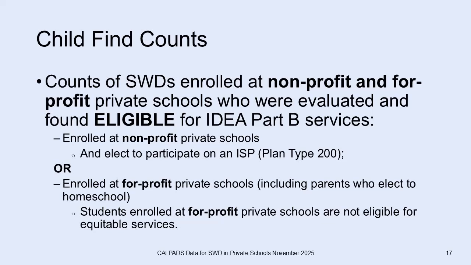Or if they were evaluated and they're enrolled at a for-profit private school, you want to minimally report their meeting data. They won't be eligible for equitable services, again, because they're attending a for-profit private school, but you want to submit at least their meeting and the outcome of that meeting, which results in a SWD, SWOD, or special education status.